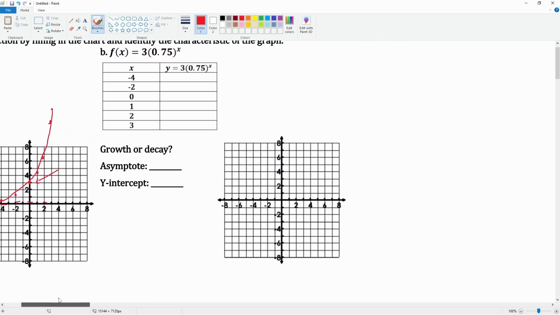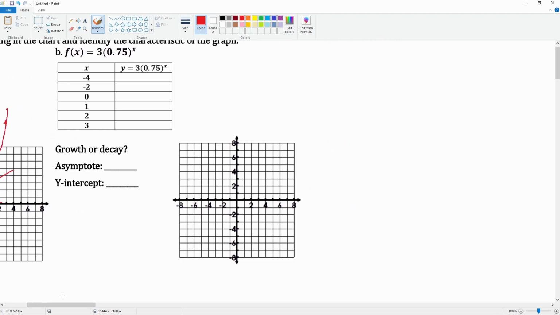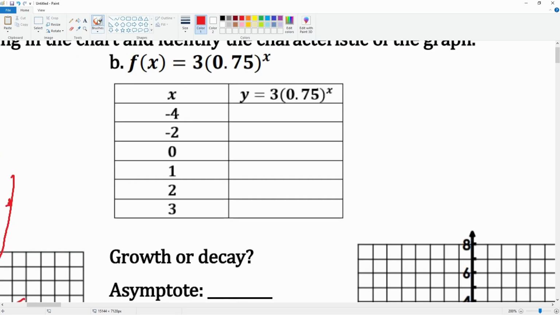Let's do B now. So now we just enter that in a calculator and we get the values of our points. If we plug in a -4, we're going to get the number 0.3199.